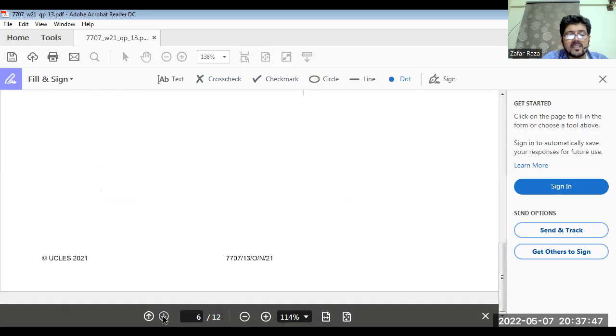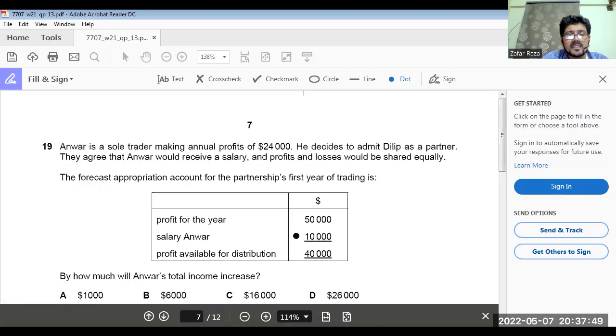Okay. Now come to the next question. 19. Anwar is a sole trader making annual profits of 24,000. He's earning 24,000. When he admits Dilip as a partner, they agree that Anwar would receive a salary and profits and losses will be shared equally. The forecast appropriation account for the partnership for the first year of trading shows profit 50,000, Anwar salary 10,000.